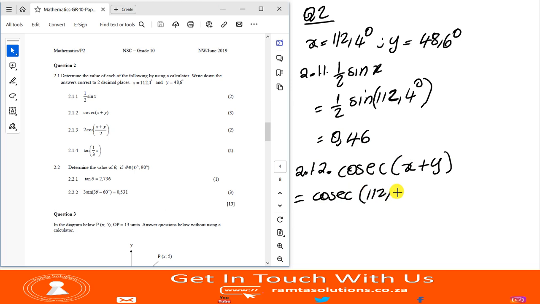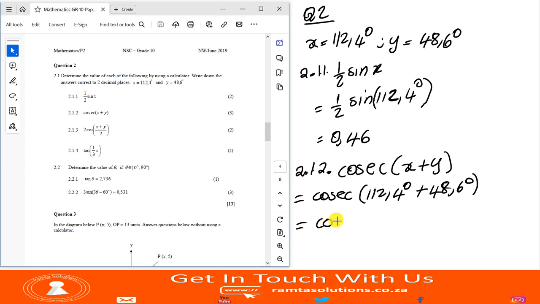X was 112.4 degrees, and y was 48.6 degrees. Let me confirm: 112.4 plus 48.6 is 161.